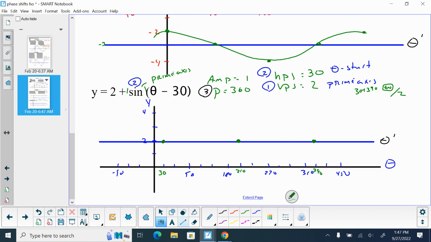Then halfway between 30 and 210: 240 divided by 2 gives me 120. That will take me to my peak, which will be up at 3. And halfway between 210 and 390: I add them together to get 600, divide by 2, and I have a value of 300. I will be at a valley.